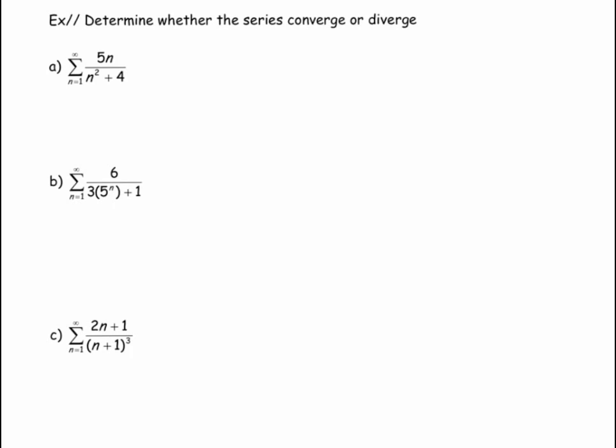So what I want to point out is that, so I'm going to circle that. This behaves like, and again, I'm not talking about the series, the sequence. That behaves like, well, in the long run, that plus 4 is not so critical. So it behaves like 5n over n squared, which is just 5 over n.